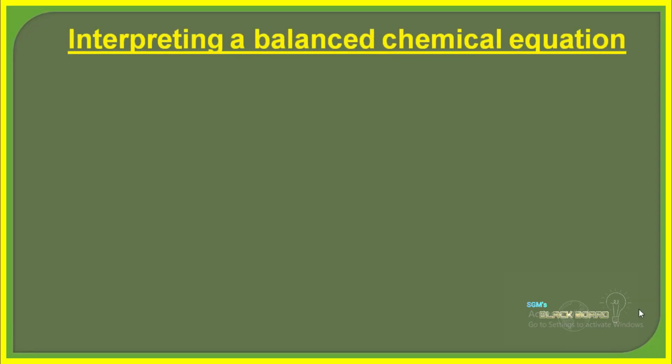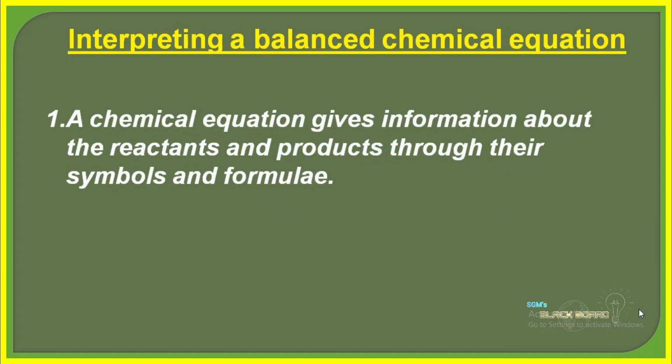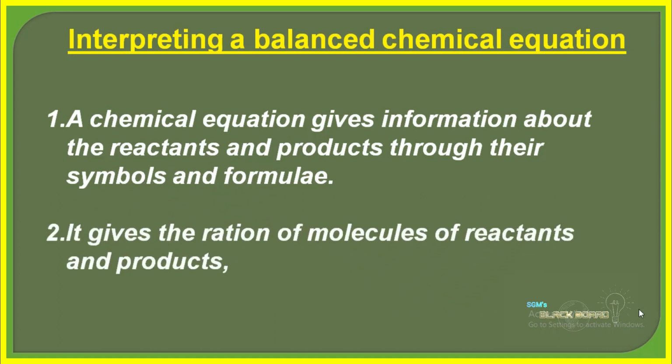Now let us see interpreting a balanced chemical equation. What information does a balanced chemical equation give us? A chemical equation gives information about the reactants and products through their symbols and formulae. It gives the ratio of molecules of reactants and products.